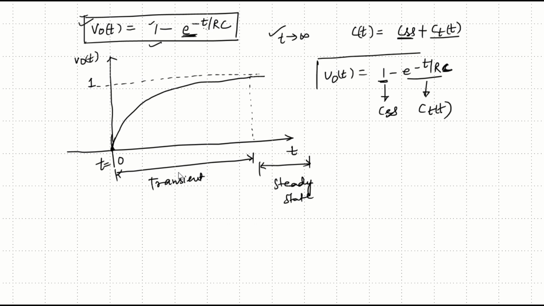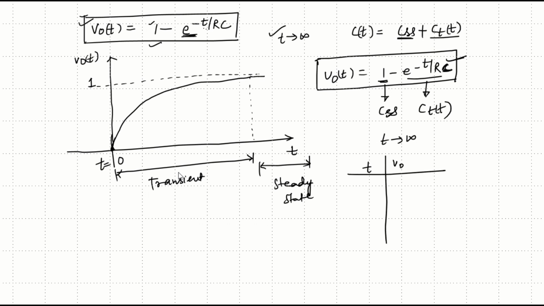Let me summarize this for the first order system. In the first order system, the response is exponential, as we can see, and the system approaches the steady state value as t tends to infinity. Let me calculate the values of output at different times.